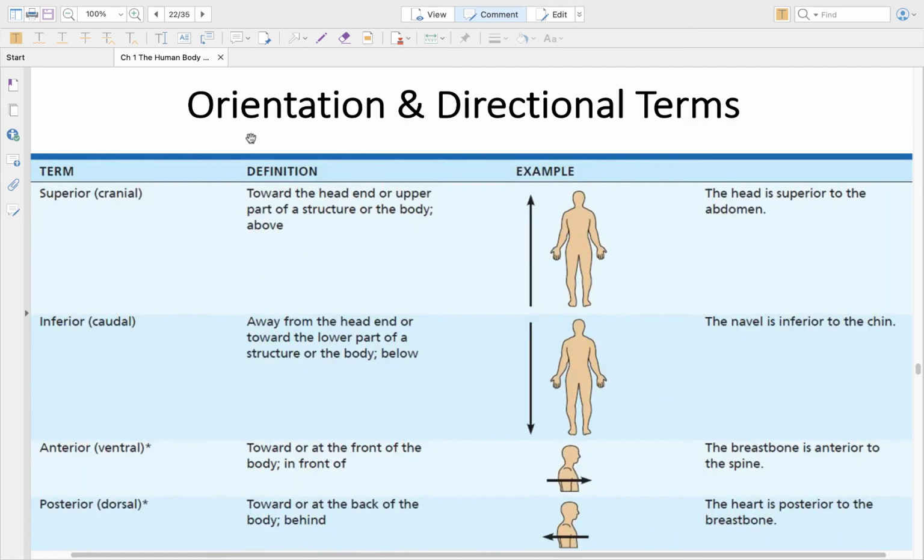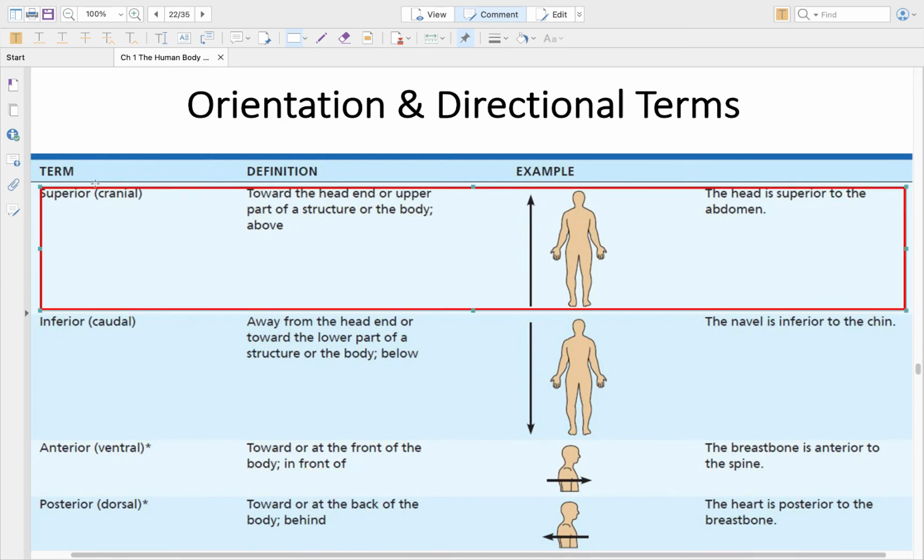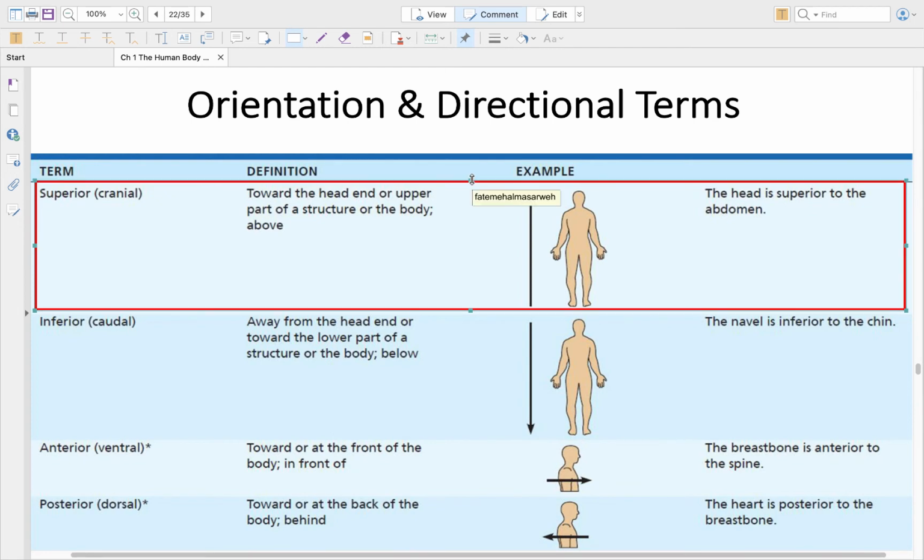Okay, that's not working very well. All right, first term. Let's circle this one. Superior. Okay, think of the word superior. Your superior at work means that someone, your boss, someone that's above you.